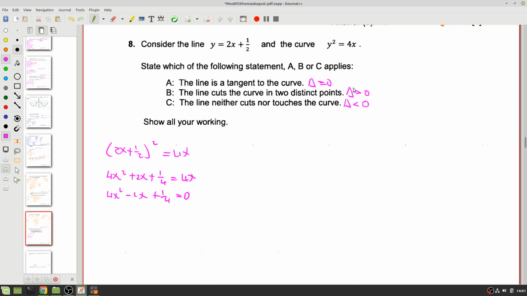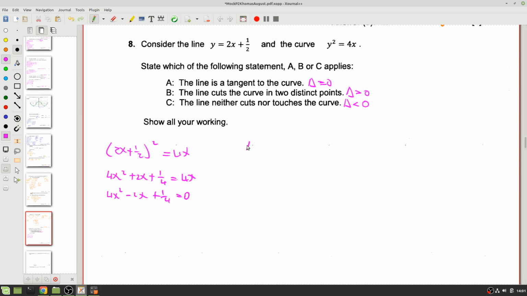So this is what we'll be working with. And I suppose this is probably the part where most students would get stuck, not thinking that we could use the idea of roots and where things cut, to use the discriminant formula to find out whether A, B or C is true.